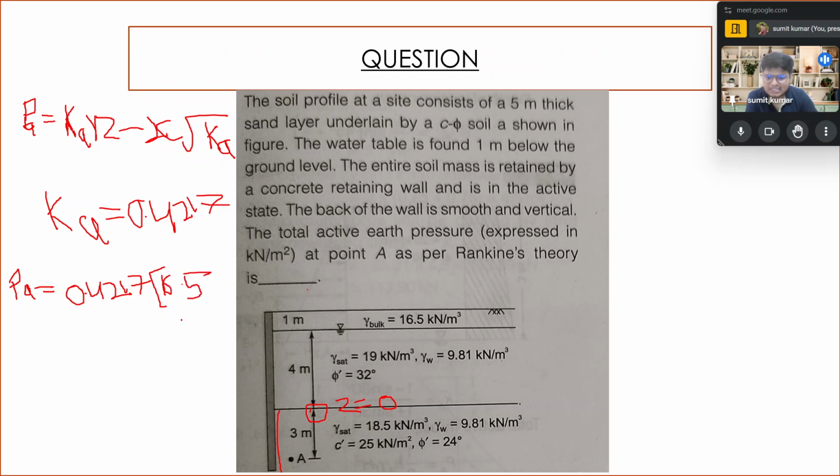After that, (19 minus 9.81) into 4, plus (18.5 minus 9.81) into Z. Z is 3 over here.